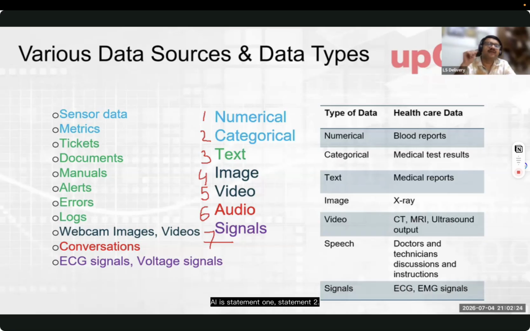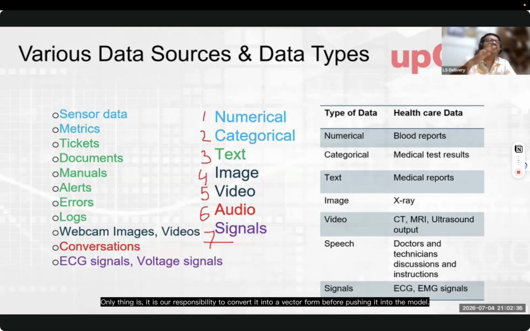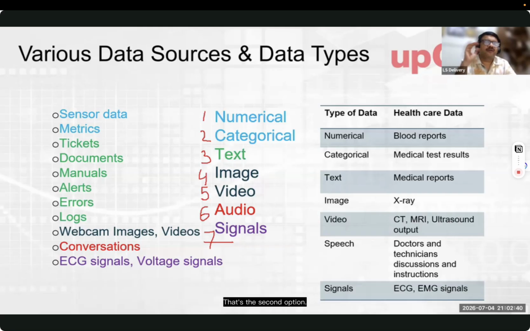This is statement 1. Statement 2, no, it is not like that. We can apply any of these data points to any of our models. The only thing is, it is our responsibility to convert it into a vector form before pushing it into the model. That's the second option.